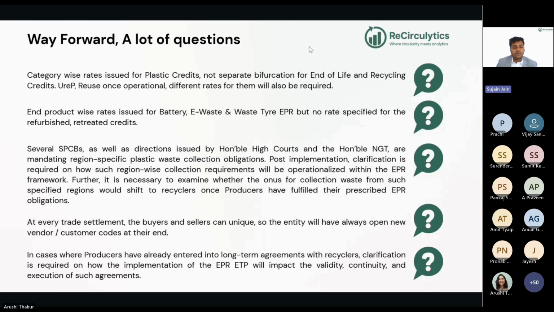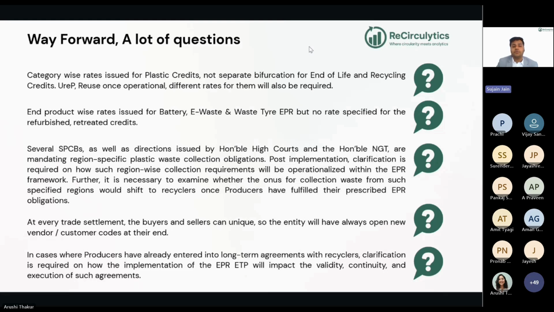Lastly, for every trade settlement, the buyer and the seller can be unique. So people who have vendor codes and customer codes will always have to open a new customer code. They might have to issue a generic PO just to satisfy their existing ERP systems. So how will that happen, and how will the brands or the producers, or even the recyclers for that matter, have to work?